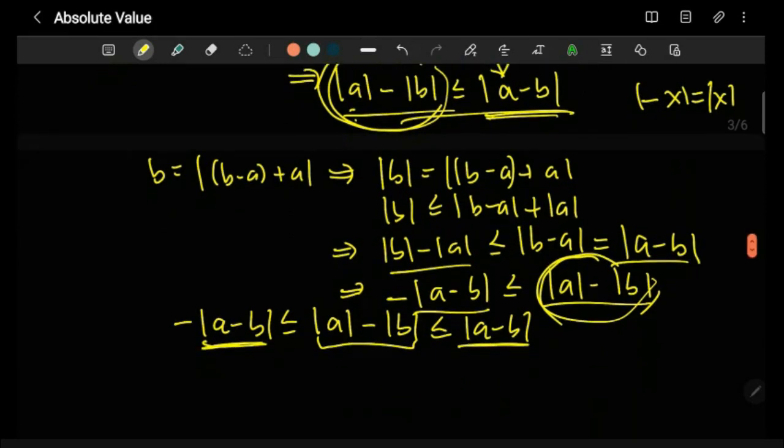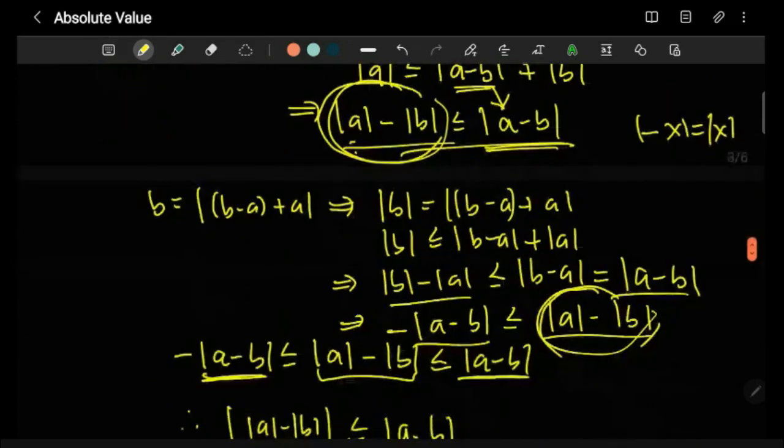So, by number 2, we have yung absolute value ng nasa gitna is less than or equal doon sa nasa kanan, A minus B. But that's what we want to show. Alright, so we are done.